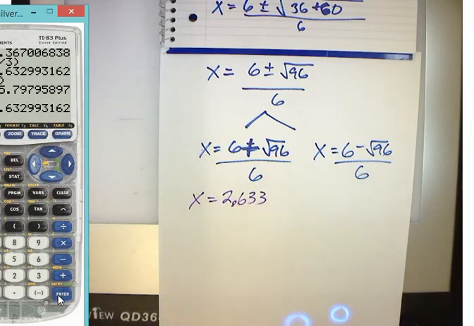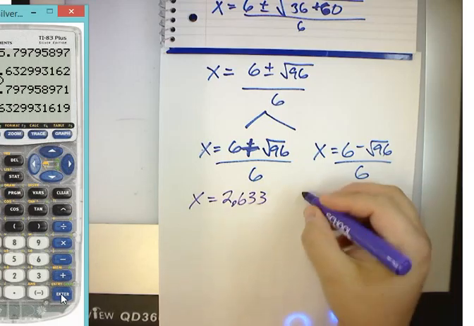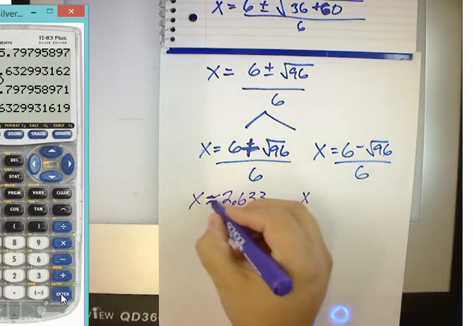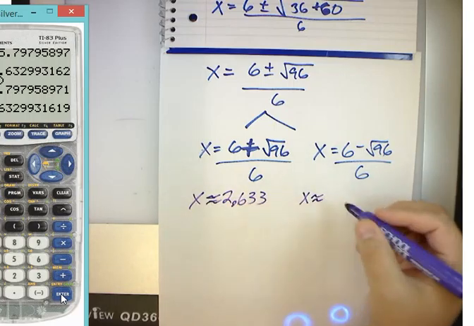So now I'm going to do this again. I'm going to say 6 minus, this time, the square root of 96. Hit enter. And then divide by 6. And for this one I get x is, and technically Mr. Adams should use the approximation symbol, right? Because we rounded.